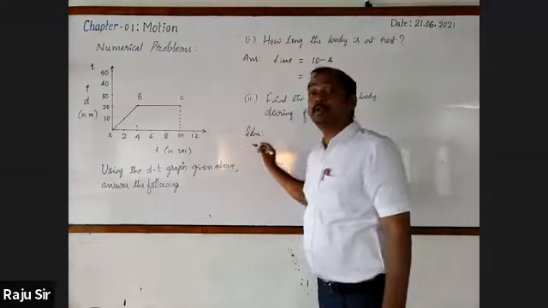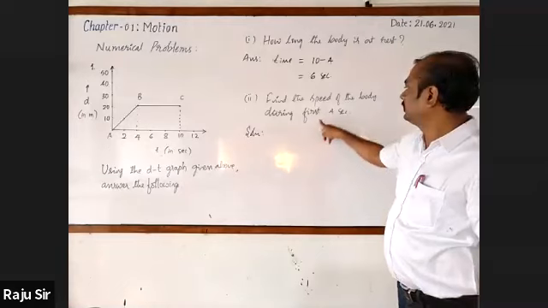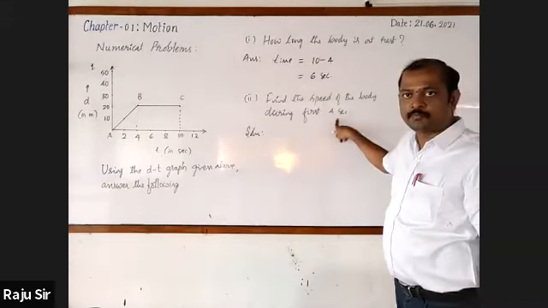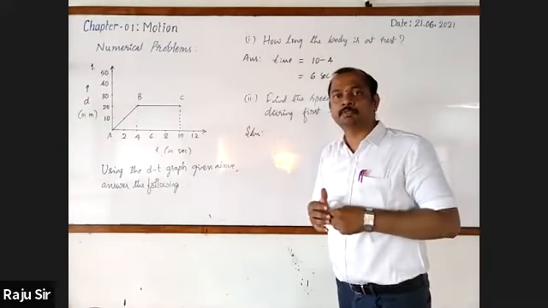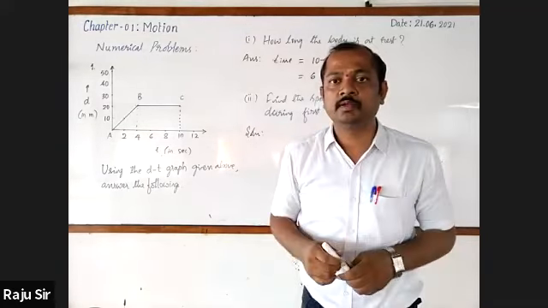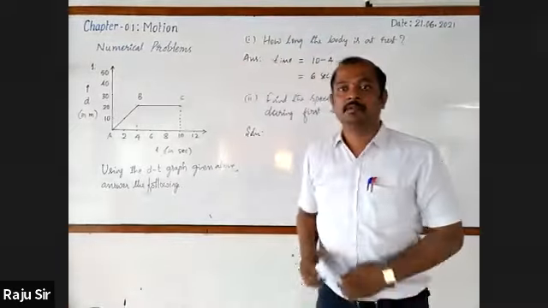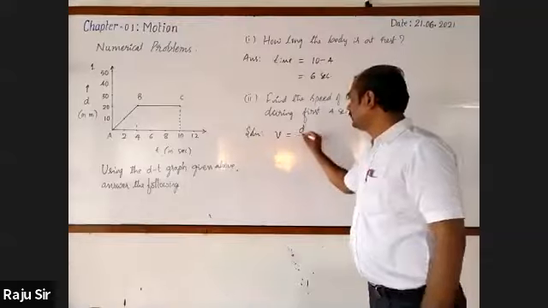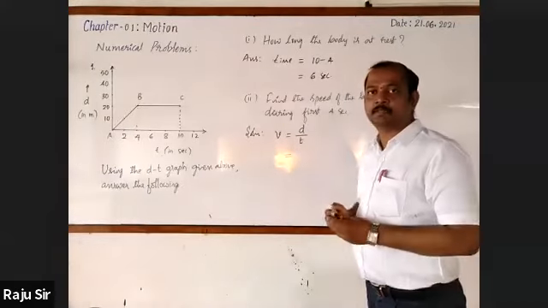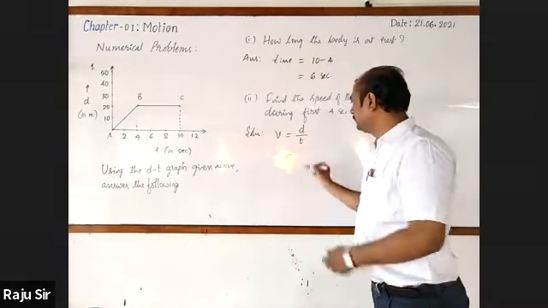Here we are not going to just answer, we are going to calculate. You can write the solution. Dear students, you all know the formula used to find the speed of a body. What is the formula? D by T. Distance traveled by time taken. V is equal to D by T. Time is already given. It is 4 seconds.